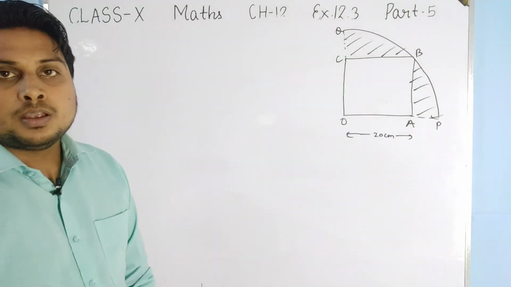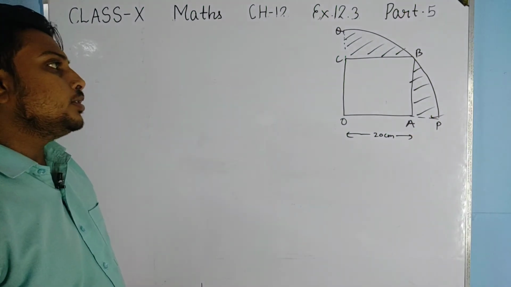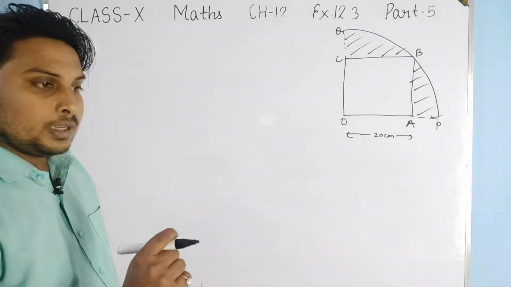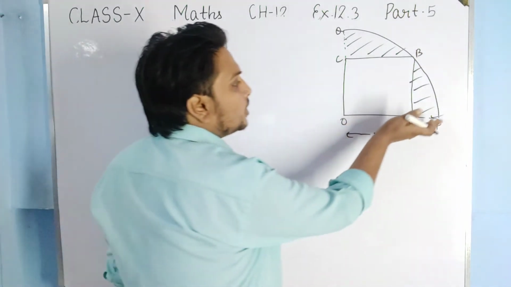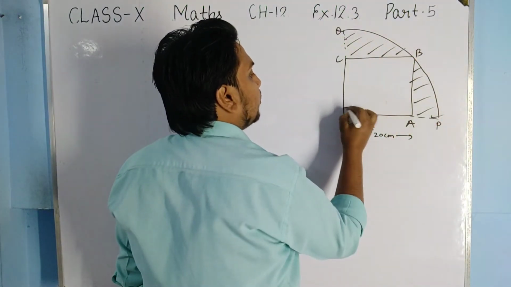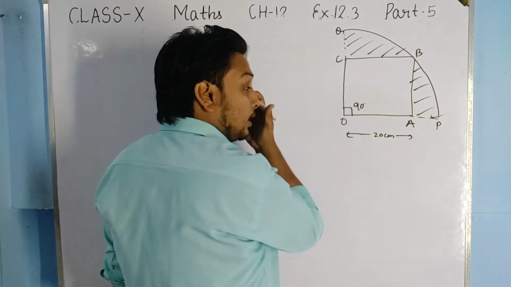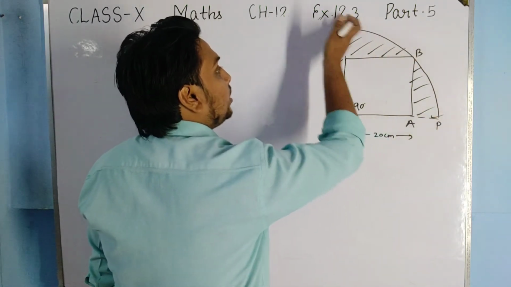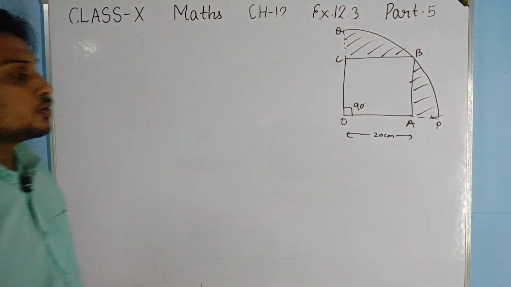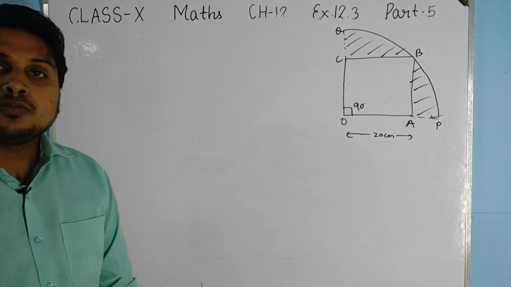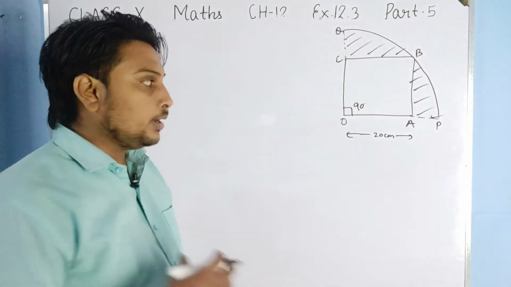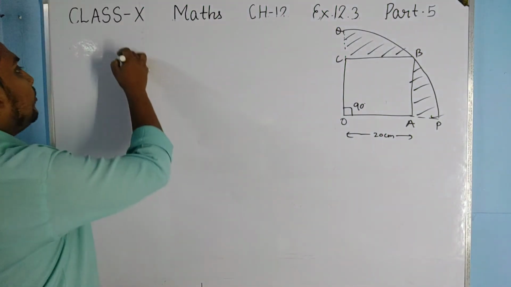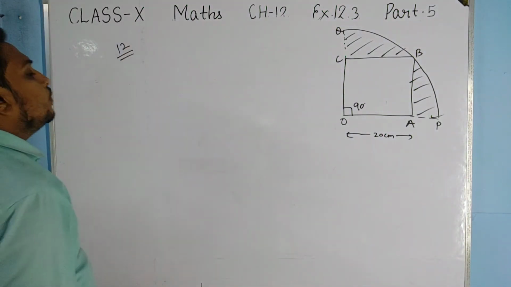Students, this question is very easy, but one thing is here: the radius of this quadrant is not given. This is the square, and this OPBQ is a quadrant, but the radius of that quadrant is not given, and if the radius is not given, then we have to find it from somewhere.